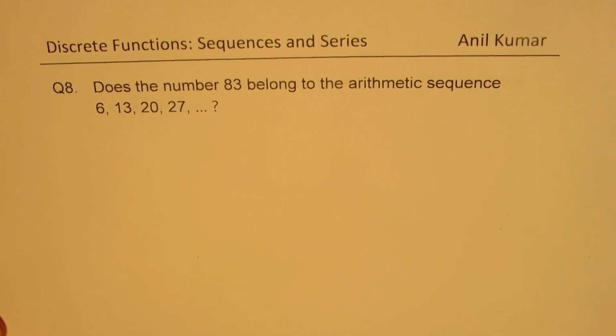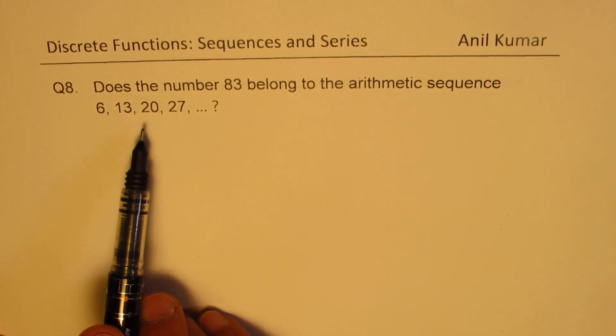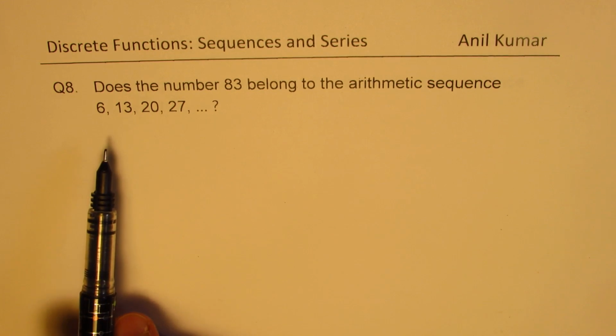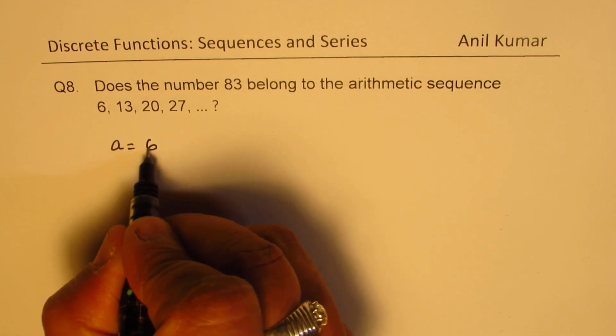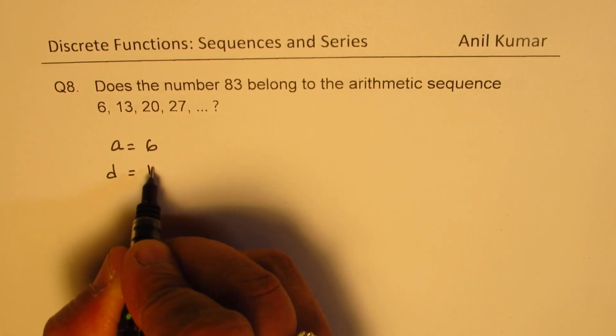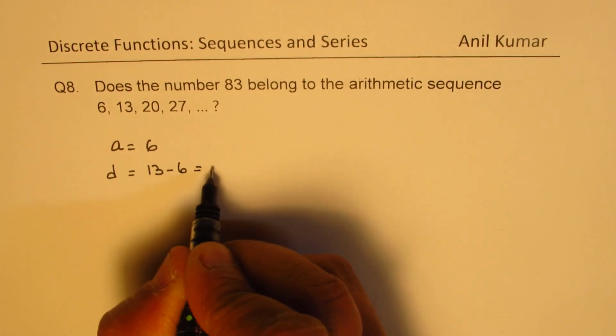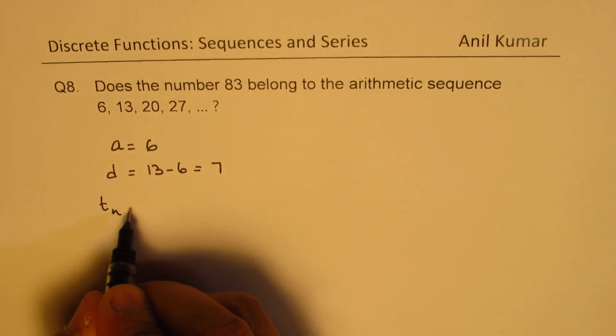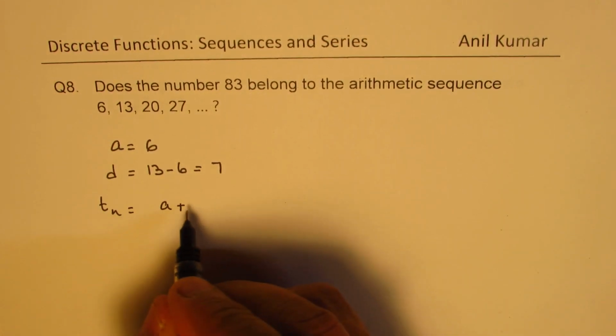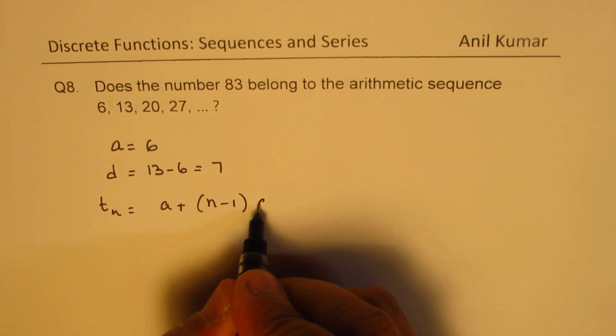Question number 8 here is, does the number 83 belong to the arithmetic sequence 6, 13, 20, 27, and so on? So we are given a sequence where a is 6, d is 13 minus 6, which is 7, right? So the general term tn will be a plus (n minus 1) times d.